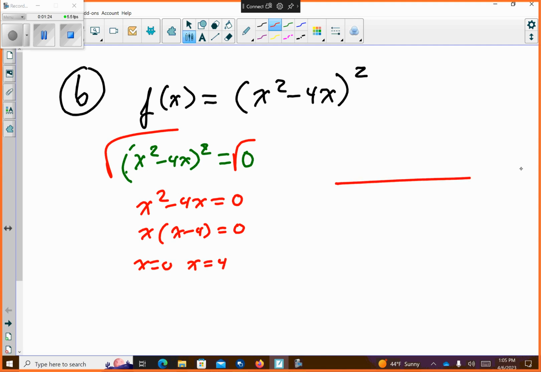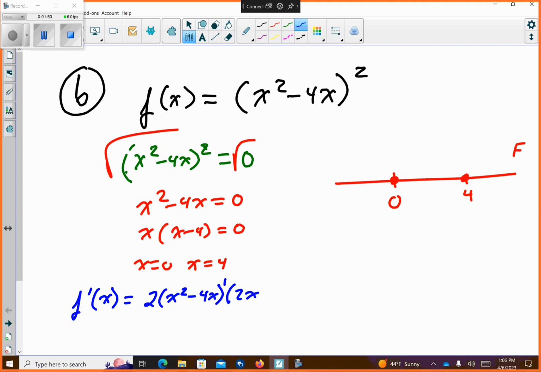So right now, on my F chart, I have 0 and I have 4, and those are basically just roots. Okay? Let's take the first derivative. That's going to give me 2 times x squared minus 4x raised to the first, times 2x minus 4.